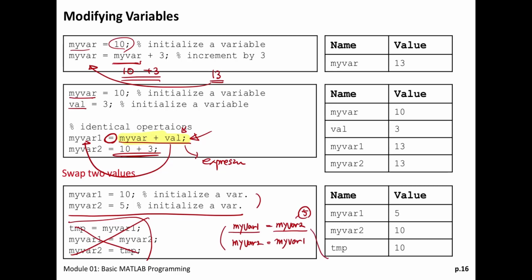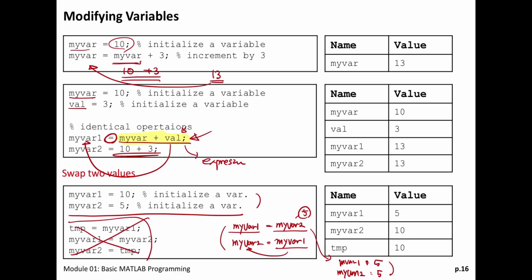At this stage, my variable 1 becomes a 5, and my variable 2 is 5. Then my variable 1 is assigned to my variable 2: 5 assigned to 5, or the 5 assigned to my variable 2. That's why at the end it is 5 and 5.